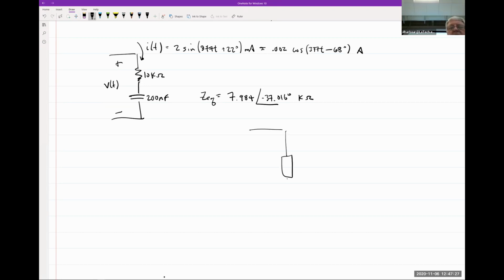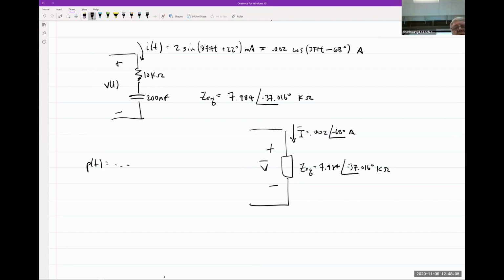So that means we've got a voltage across this Z equivalent of 7.984 at minus 37.016 degrees K ohms. And I coming down into this is the 0.002 at minus 68 degrees amps. Okay, so I times that Z should give us the V, and then we can go back and come up with our power expression. Okay, so again, it's asking for p(t) back over here, and we've got an equation for that.